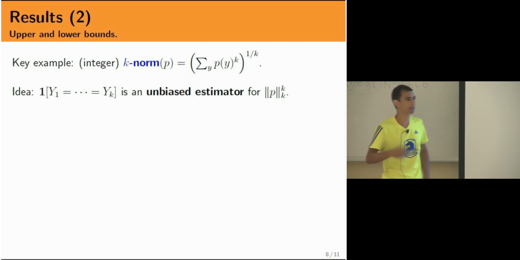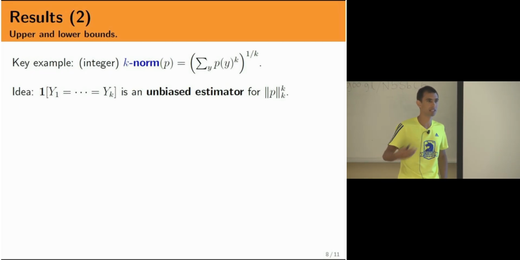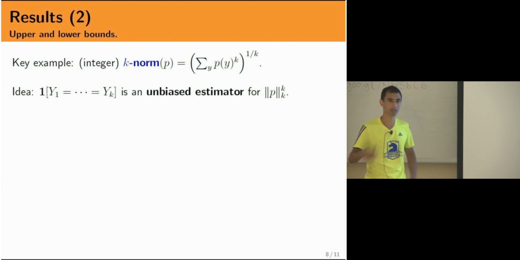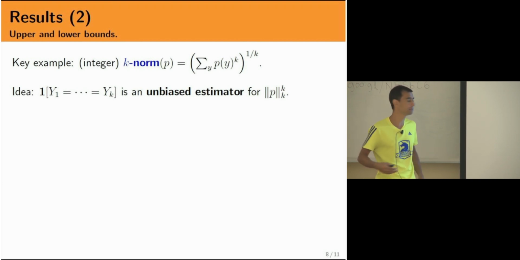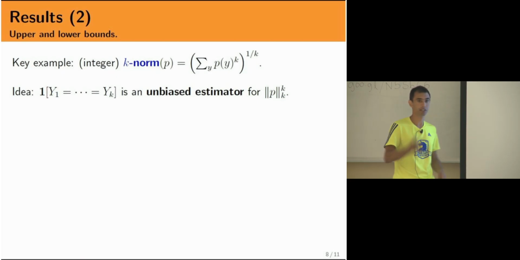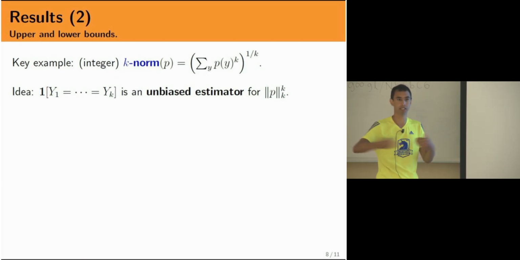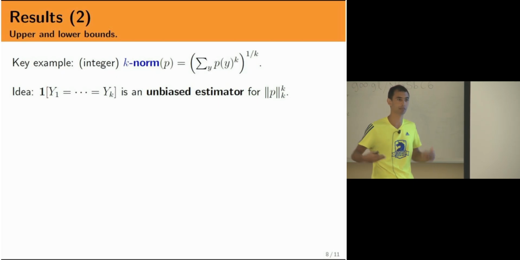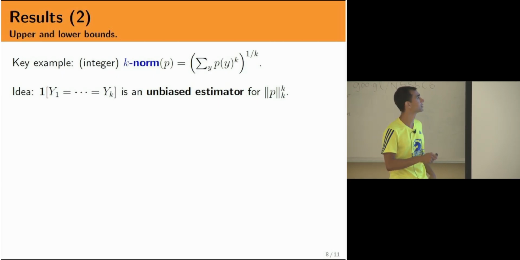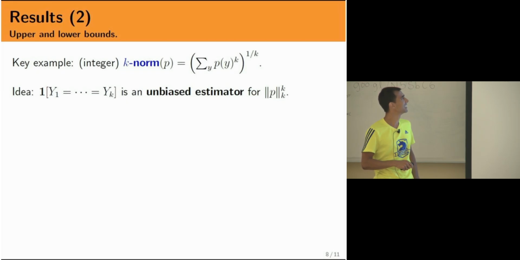So now I'll just say a bit about more concrete results. We try to give a few upper and lower bounds and ideas for how to prove them. What I mean by upper and lower bounds is, let's say I just want to use 1 dimension or 1 parameter, how many observations do I need in my loss function to elicit the property I care about? Okay, a cool example is the k-norm, or at least one that we could prove things about.